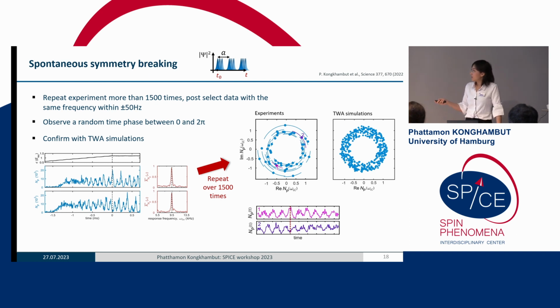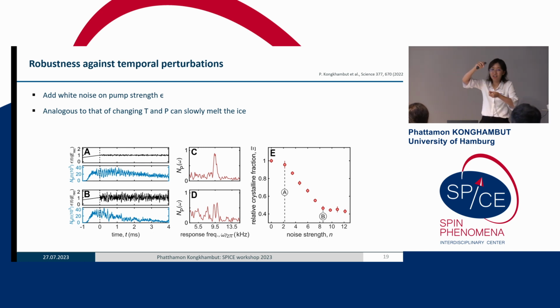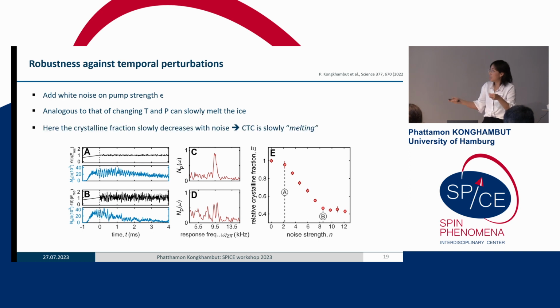Okay. Yeah, we test the robustness next. So how could you test the robustness of your crystal? We add white noise on one of the axes. This is really analogous to increasing the temperature of your ice a little bit, or changing the temperature or pressure, and then you should see that your ice slowly melts. So you have less and less crystalline fraction due to, for example, temperature fluctuations.